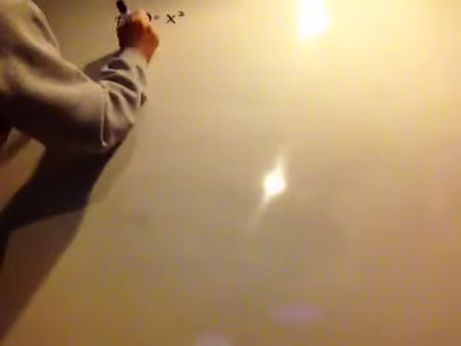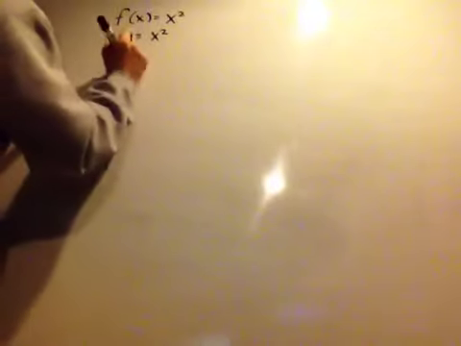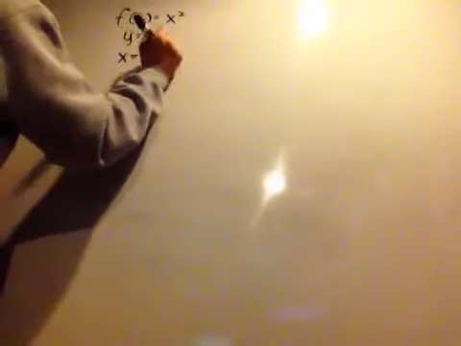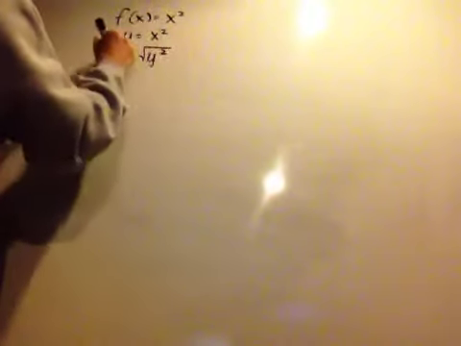So sometimes you have functions, like f of x equals x squared, whose inverse is not a function. So if we replace f of x with y, we have y equals x squared, and then we switch x and y, and we go to solve this to find the inverse, we have to have that plus or minus.